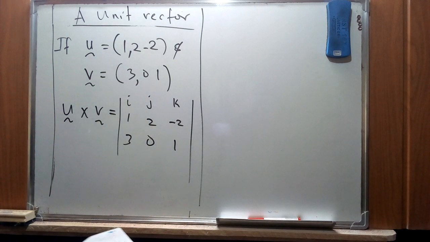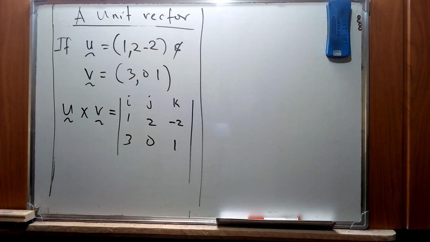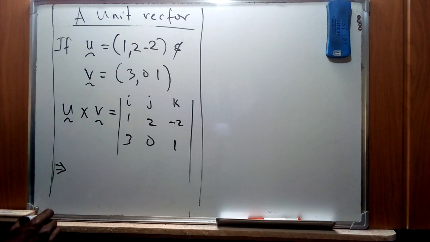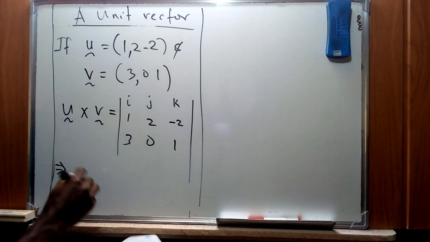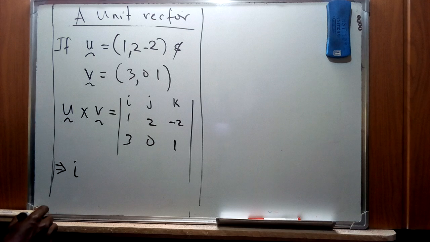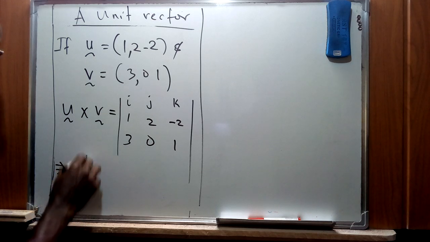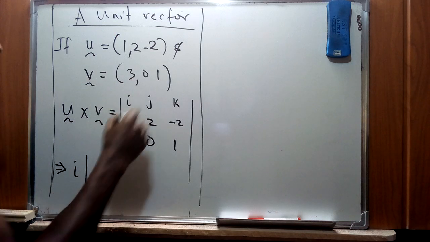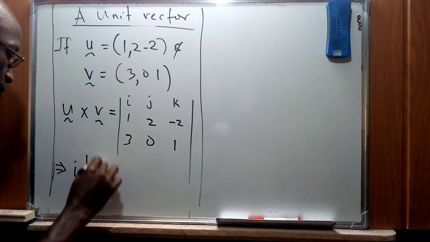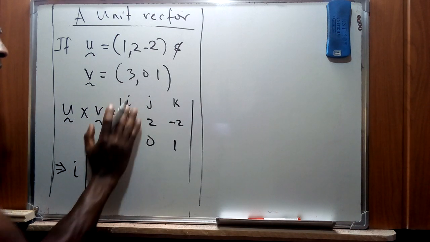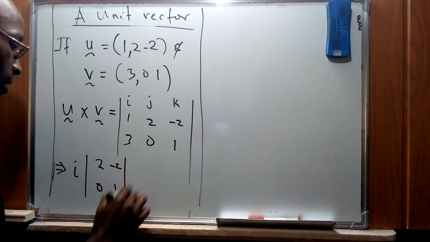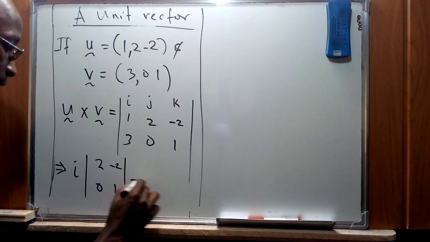So this is going to use the normal way of finding the determinant that we have talked about. First you take the i component, and to find its magnitude we ignore this column, and then it will be 2, 0, -2, 1. Then minus j.